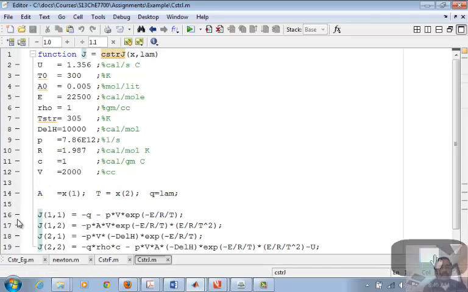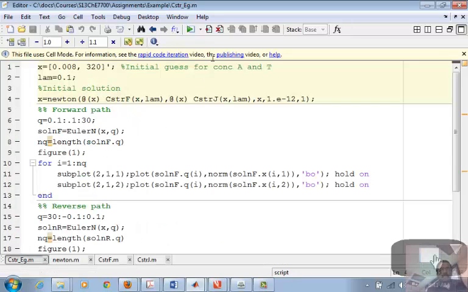Now, what I mean by breakpoint is on any of the executable lines, MATLAB indicates by a dash. If you go there and click on it, it will put a red dot. That means when execution comes to that point, it will stop execution and transfer control to you, so that you can look at the variables, and it's a very good way of debugging your own program. Once I have set up these breakpoints, I can go to the CSTR example and then start executing it.